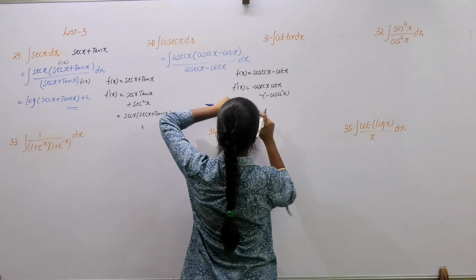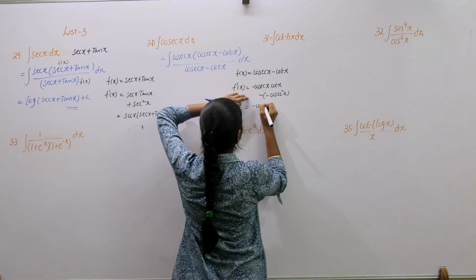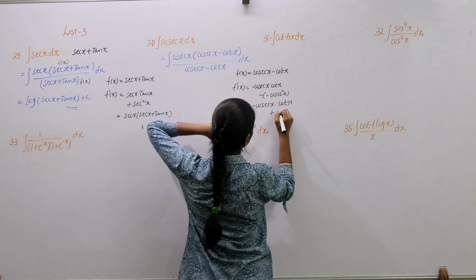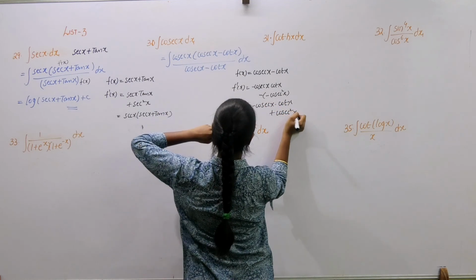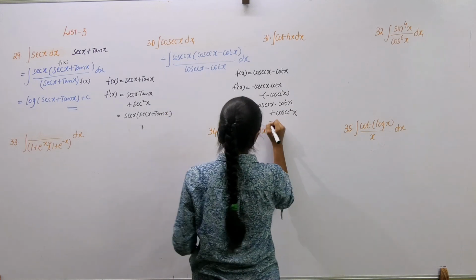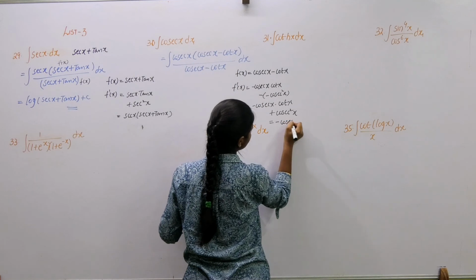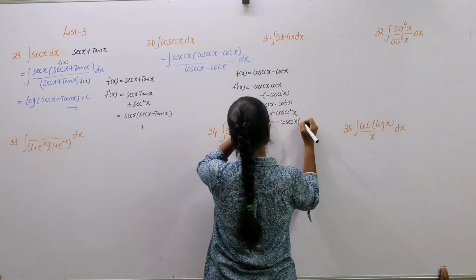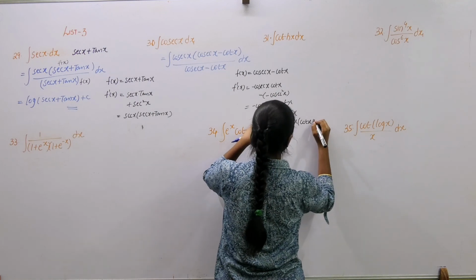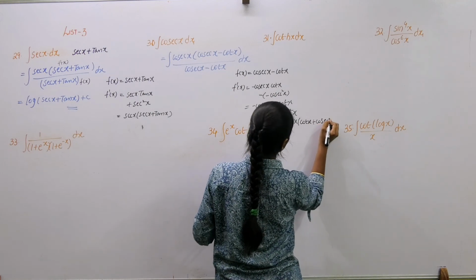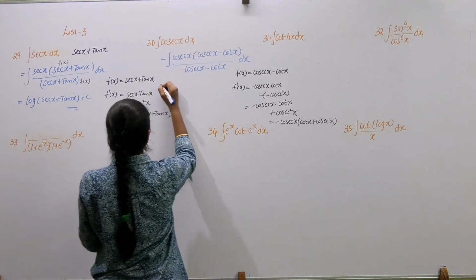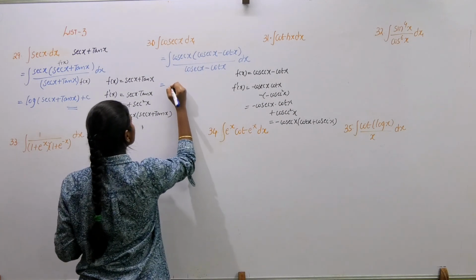Let me write it fully: minus cosecant x into cot x plus cosecant square x. When we take minus cosecant x as common, we have cot x minus cosecant x, so we have to adjust the minus.